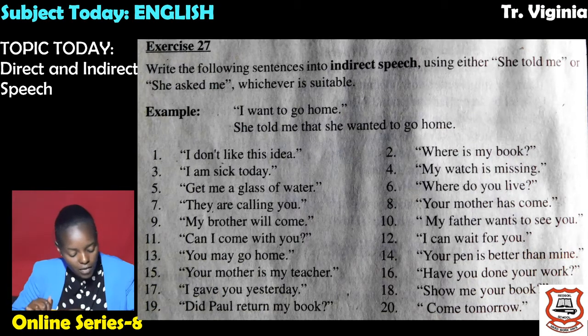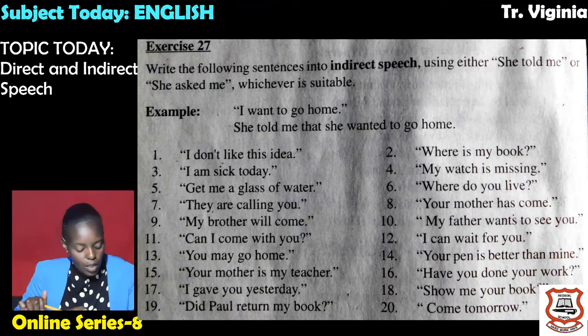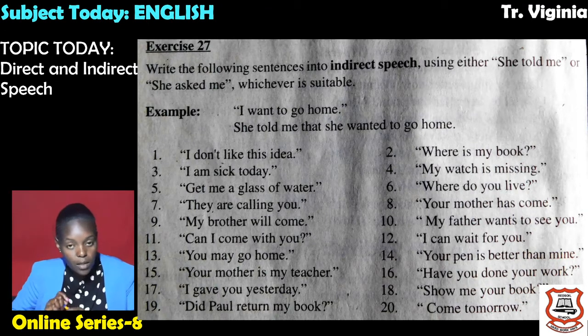Change that into indirect speech: She asked me to get him a glass of water. Number six, "Where do you live?" So change that into indirect speech: She asked where I lived.